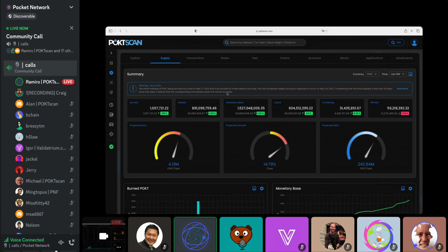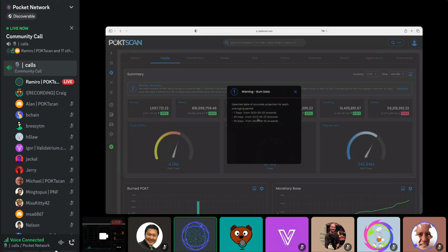If you click read more, you can see when that data is going to be reliable. It says here, for example, that on 23 of June the 30-day time period will be accurate, and the 90-day time period will be accurate from 25 of August, approximately.